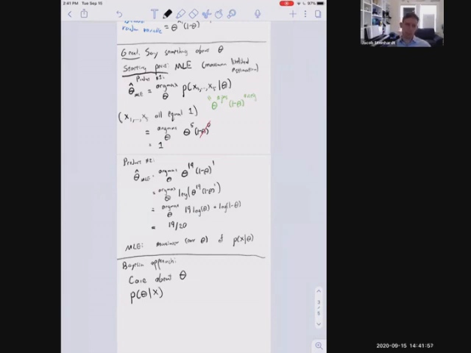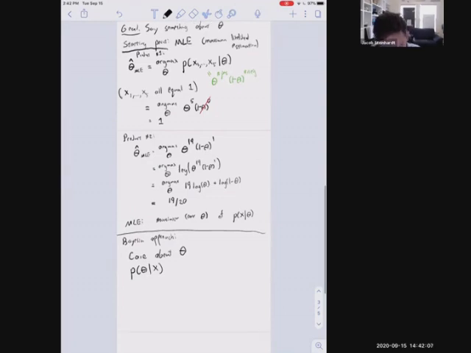There's one issue though, which is that I need some more information. How do I get P of theta given x? By Bayes' rule, this is P of x given theta times P of theta over P of x.